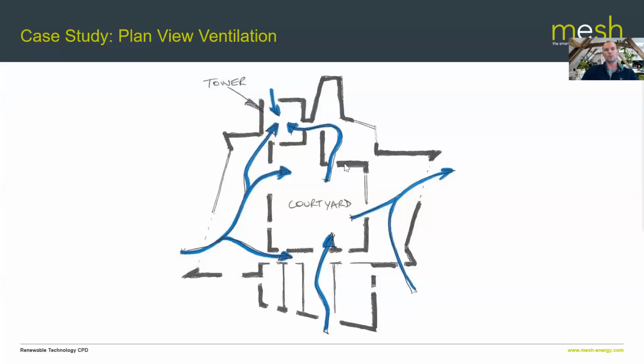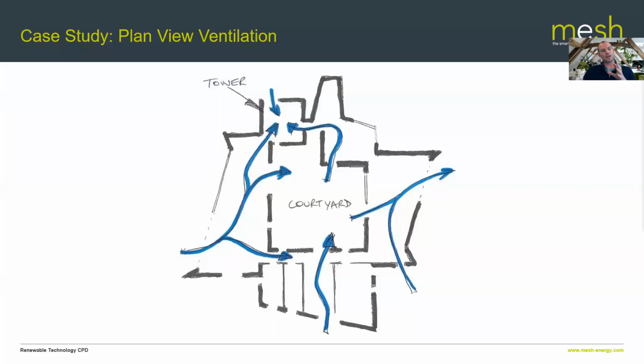I'm not saying it would fail as a building, but you may have had warmer temperatures in other parts of the building. But with cross ventilation, particularly during the summer, this allows loads and loads of different paths into the courtyard, out of the courtyard to the tower, and really allows maximum ventilation for what is a reasonably complex floor layout for the building.